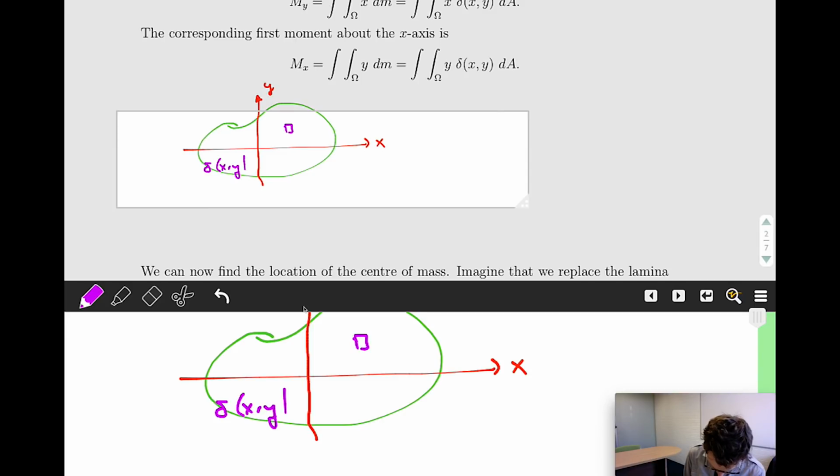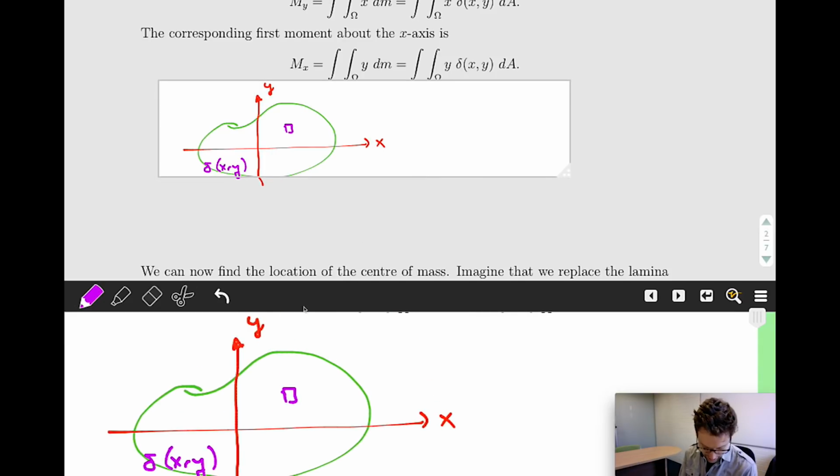That's the density at each location as a function of x and y. I'd like to know what is the rotation due to this tiny little mass here, delta m, about the x-axis and about the y-axis. I can calculate that if I know how far it is in the x direction and how far it is in the y direction from the corresponding axis.